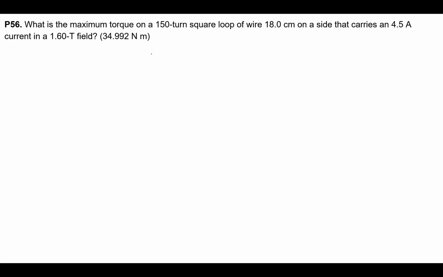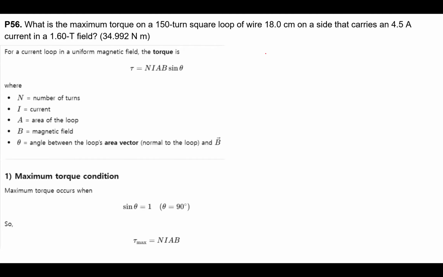This is a situation with a current loop, current I, with A the area, and a certain normal vector.